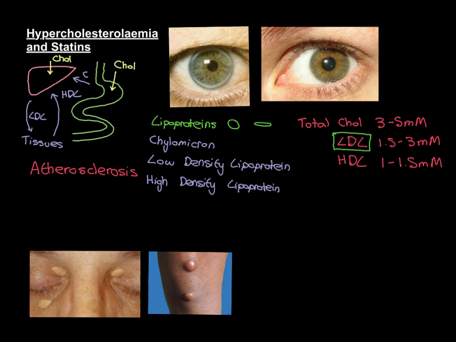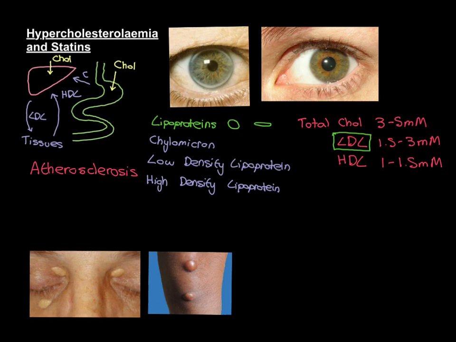It is the disease where cholesterol deposits build up in the walls of the blood vessels, and these plaques, plaques is the name for these cholesterol deposits, impinge in on the lumen of the blood vessel and therefore narrow the lumen of the blood vessel, which means less blood can flow through that blood vessel, and therefore less blood is going to be perfusing the tissue that is supplied by that blood vessel.